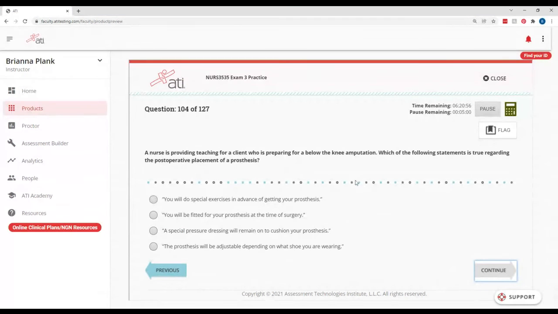Okay, we're gonna have a below the knee amputation. How do we know about the prosthesis? Let's see. Oh my goodness.